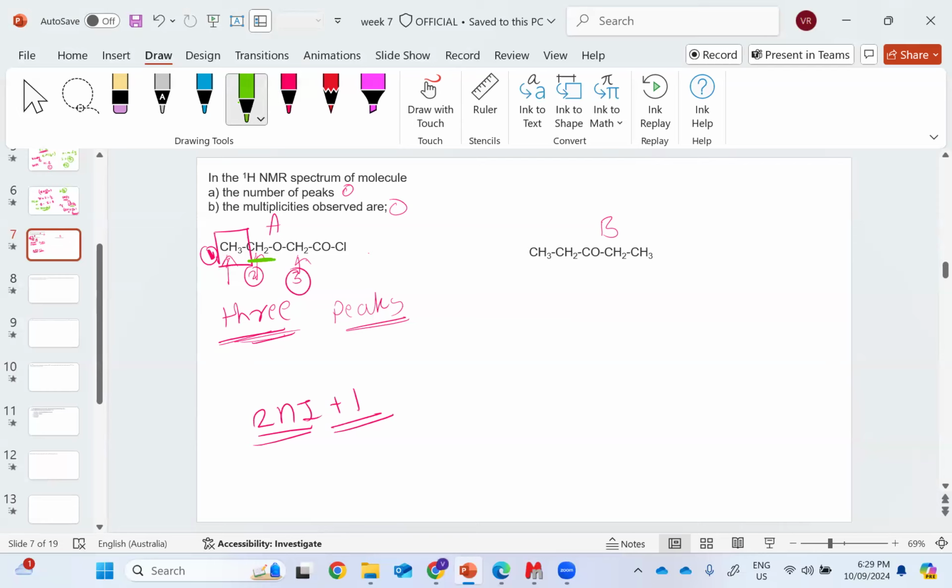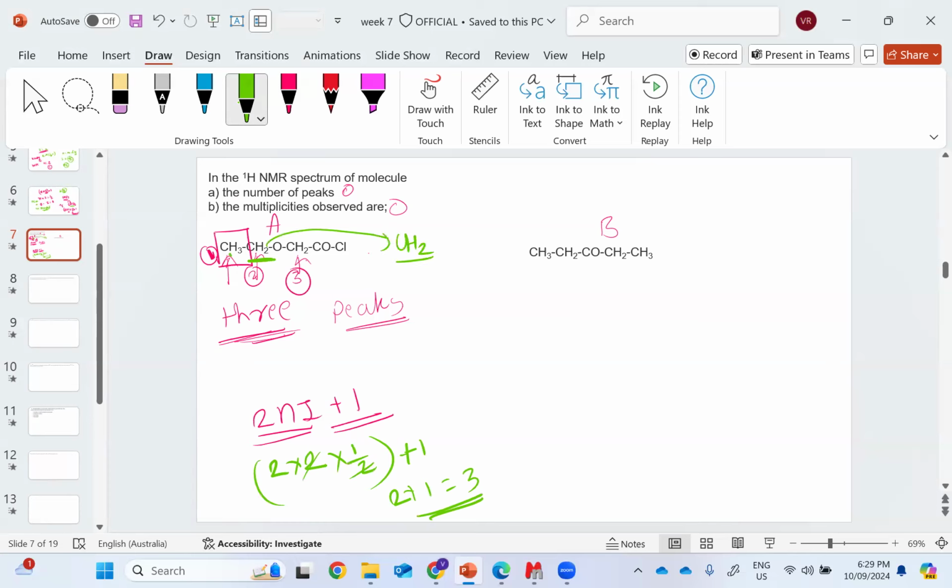There are two hydrogens, so n is 2, and I for hydrogen is 1/2, and again there is a plus 1. If you calculate this, it will be 2 plus 1 is equal to 3. So there will be a triplet for this methyl.